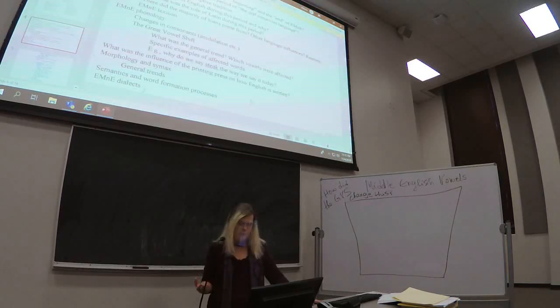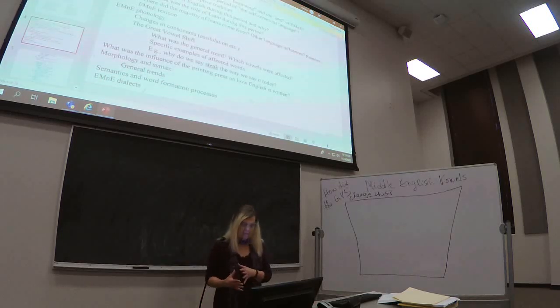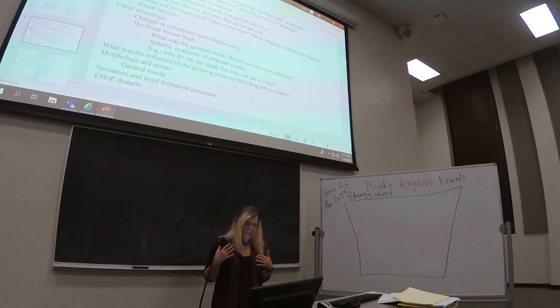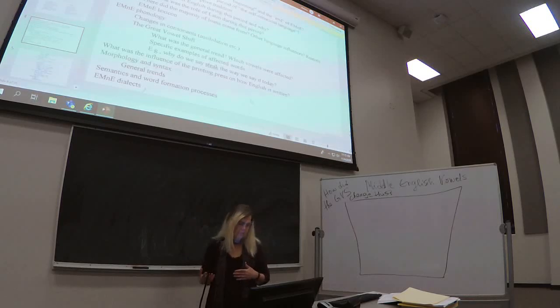So then the great vowel shift. Today's topic: what was the general trend, which vowels were affected, specific examples, affected words. Why do we, for instance, say steak and not steak today? What was the influence of the printing press on how English is written? Look also at changes in morphology and syntax.